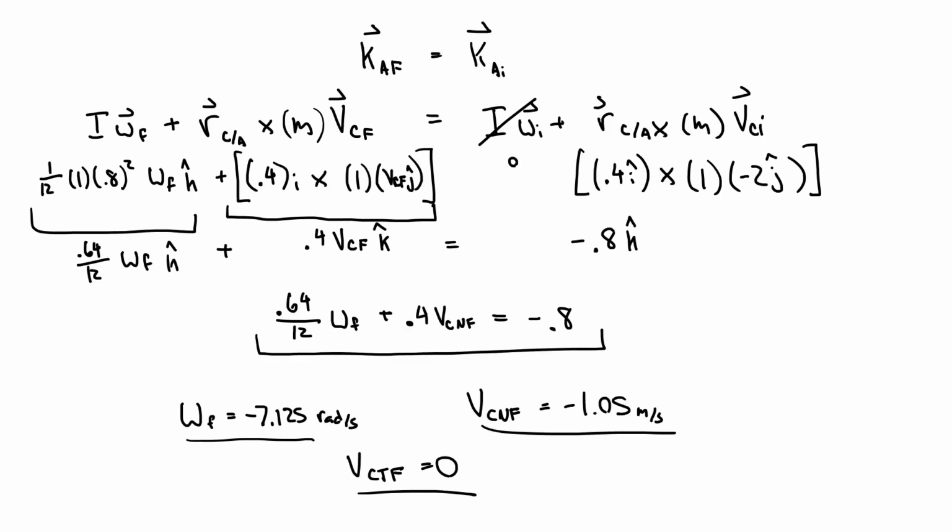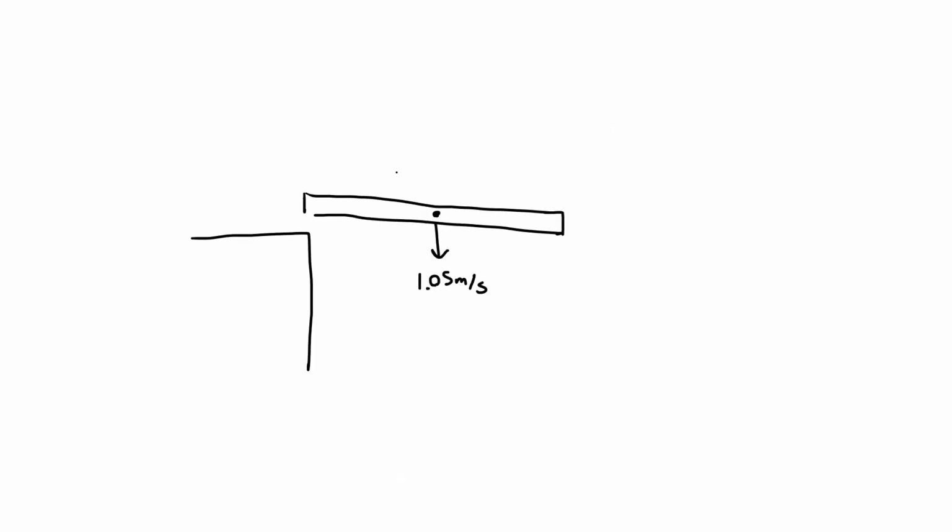And this is a negative angular velocity, so that means clockwise. It's going to be rotating at 7.125 radians per second clockwise. So just after the impact, 7.125 radians per second. And point C has no tangential velocity, so it's not moving left or right. And that is the velocity I expect after the impact of this collision.